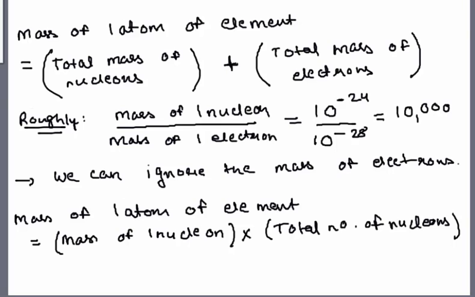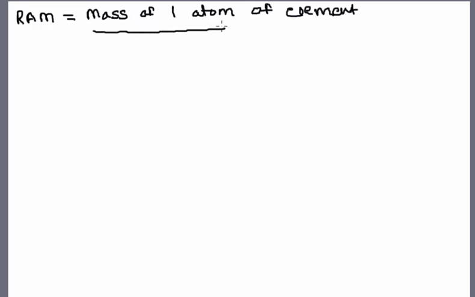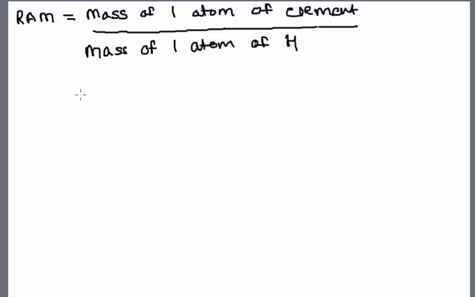Now if I apply this definition to the concept of Rm, I am again taking you back to the definition of Rm, and I had defined Rm as the mass of one atom of the element divided by the mass of one atom of hydrogen. Fine.